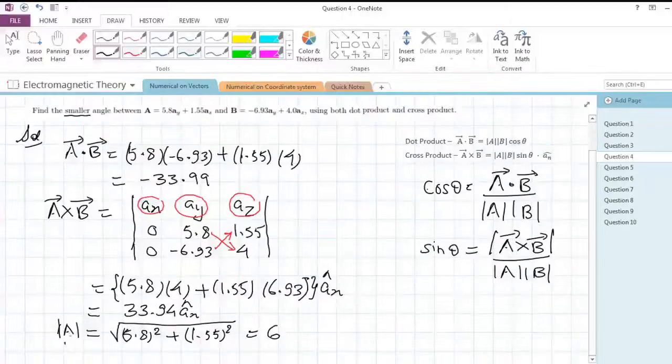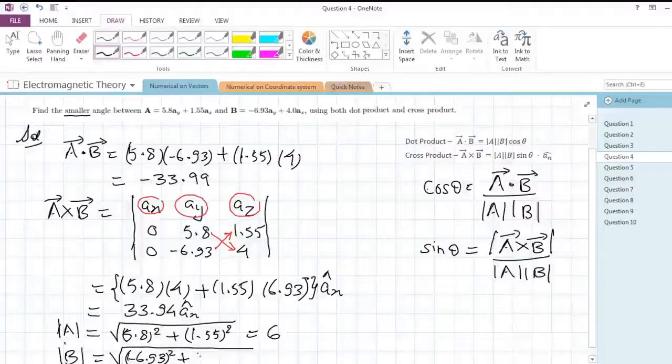Now finding the magnitude of B, you will have to do the square root of minus 6.93 whole square plus 4 square, and the answer would be approximately 8 because it comes 64 point something.